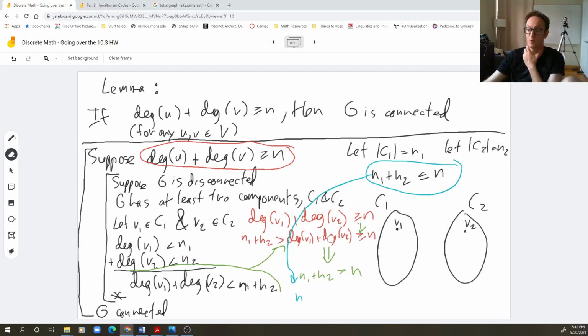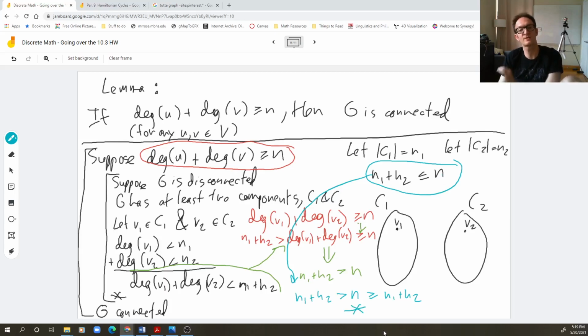So when I apply transitivity with the strict inequality, I have n1 plus n2 is greater than n, which is in turn greater than or equal to n1 plus n2. So that's just a contradiction. I have a thing which is greater than itself.